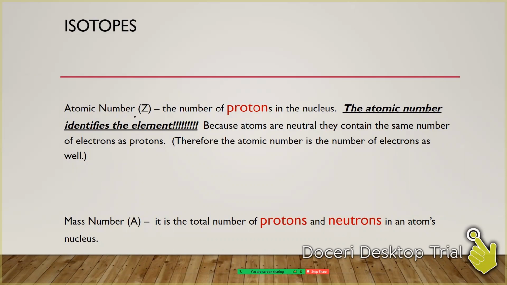They contain the same number of electrons as protons. Protons are positive. I have to have the same number of electrons to cancel that out, so it'll be neutral. Therefore, the atomic number is the number of electrons as well for neutral elements on the periodic table.